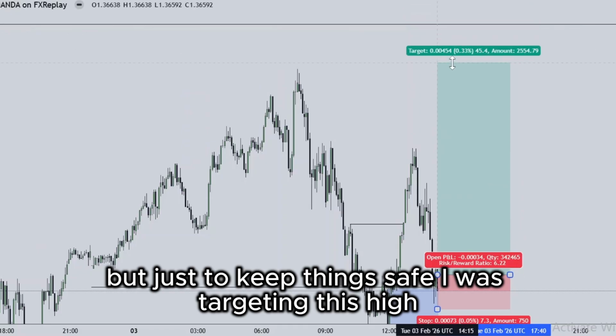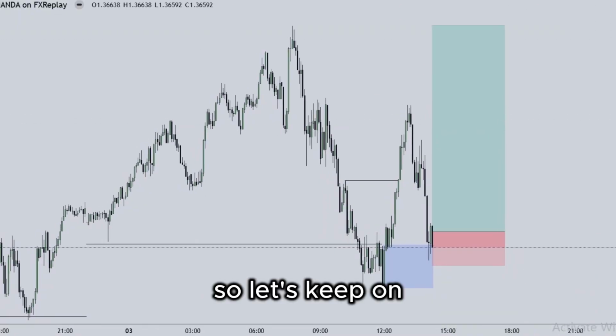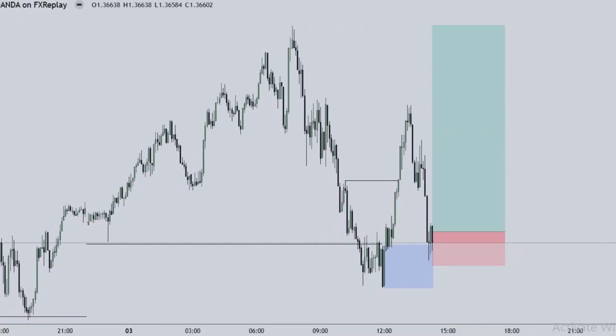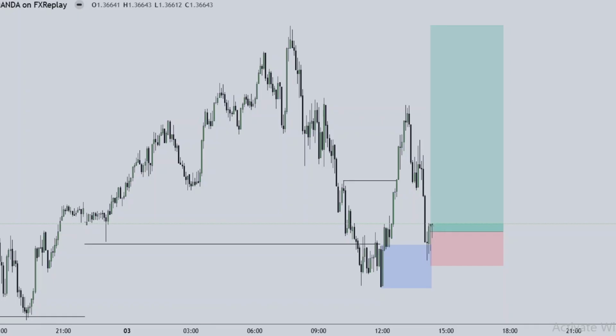But just to keep things safe, I was targeting this high. So this was my target. So let's keep on. All right, I'm in profit here.